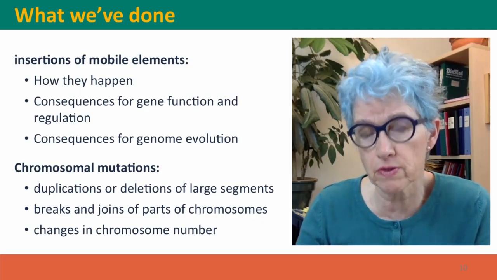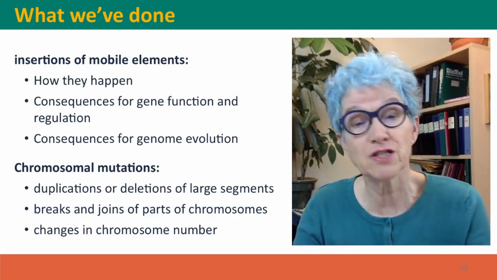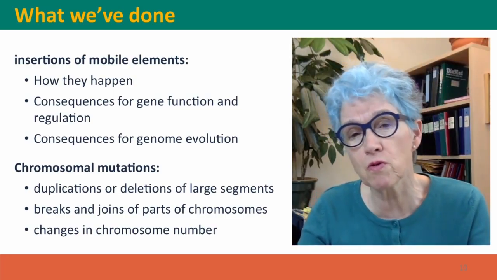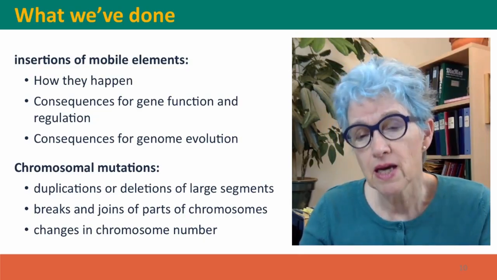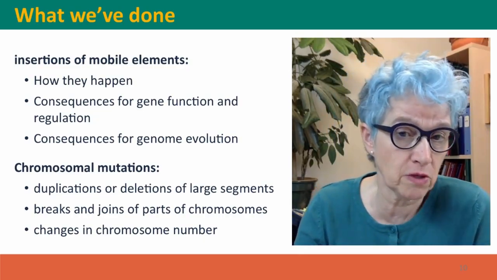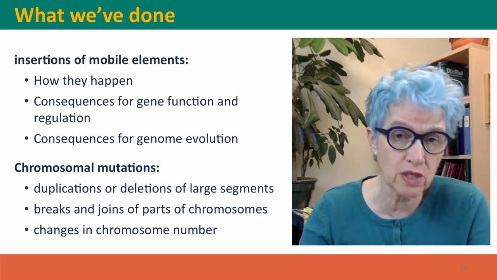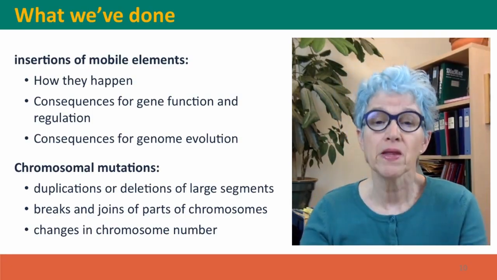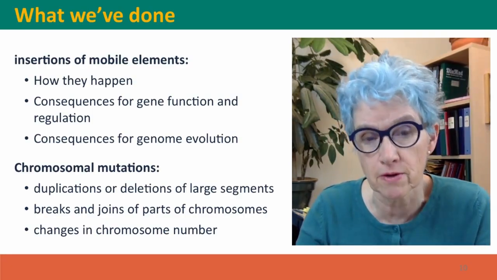They're a large part of the reason that our genomes are so big and so full of sequences that aren't genes. And then we talked about chromosomal mutations, about deletions or duplications of segments of chromosomes, breaks and joins that rearrange segments of chromosomes into new combinations, and about changes in chromosome number.